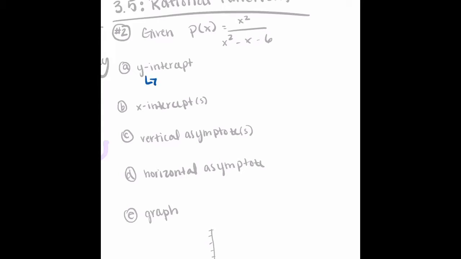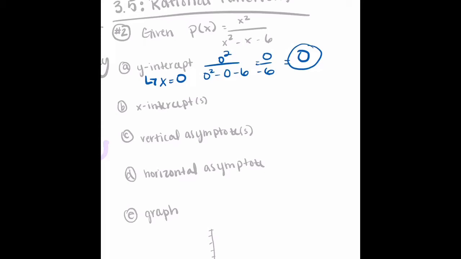As we've always calculated our y-intercepts this semester, you're setting x equal to 0. So 0 squared over 0 squared minus 0 minus 6 is 0 over negative 6. So x is equal to 0.